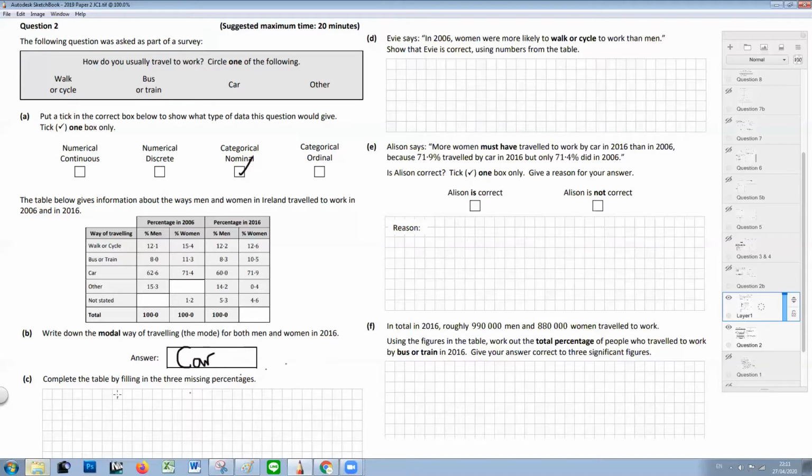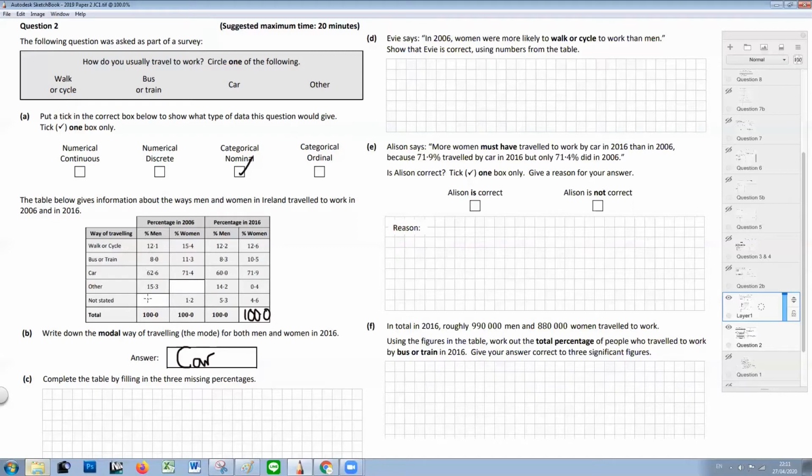And that's your answer. Complete the table by filling in the following percentages. The easiest one of these very quickly is this, because all your percentages together have to equal 100, and it's also clear because the rest of these also equal 100. For these ones, you basically have to add these together and take them away from 100 to find this value.